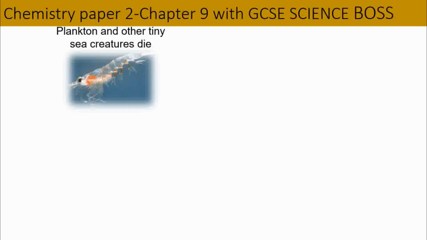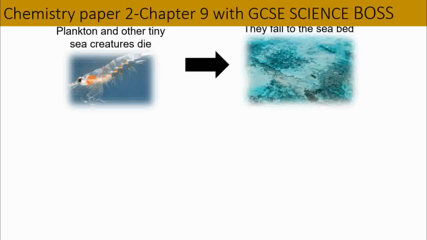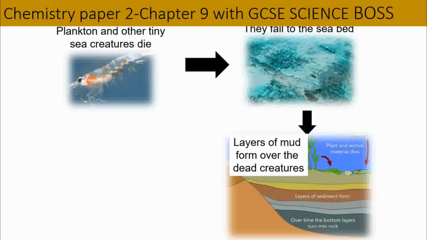Now, it comes from tiny sea creatures and plankton, and what happens is when they die, they fall to the bottom of the seabed, okay? And when they fall to the bottom of the seabed, over time they become covered with layers of mud and sand and all of that. It covers them up.